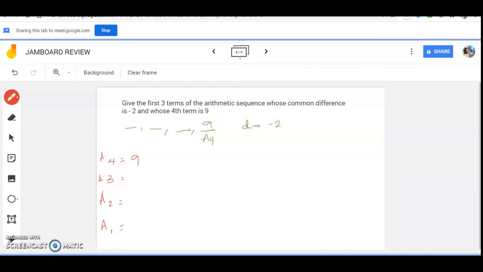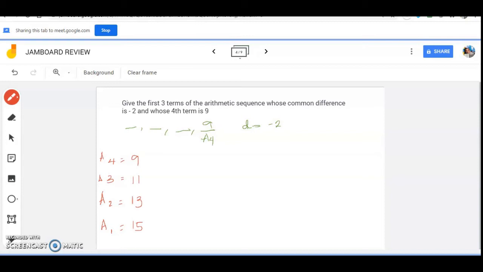So, meron tayong 11. Ano naman ang number na nadadagdagan ng negative 2 para maging 11? 13. Eh, paano yung 13? 15. So, that is working backwards. Now, I want you to try this using the formula.